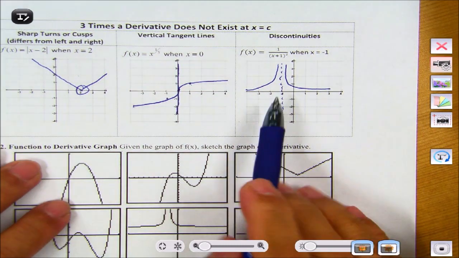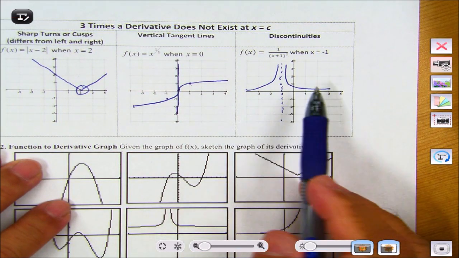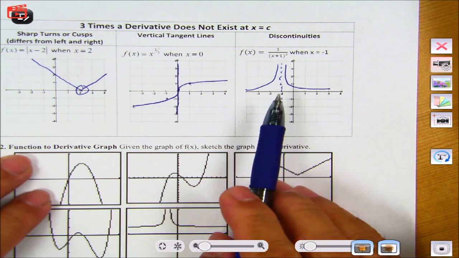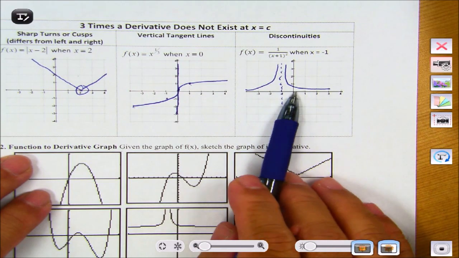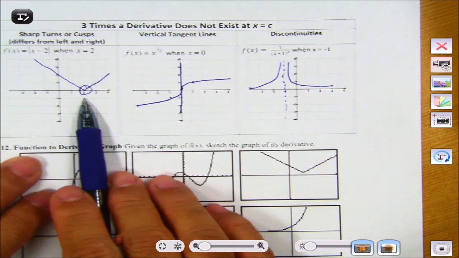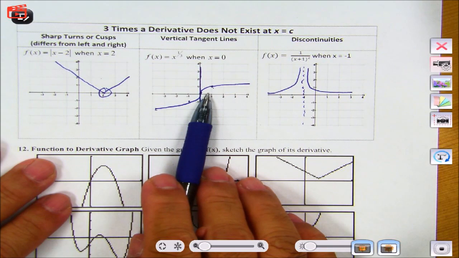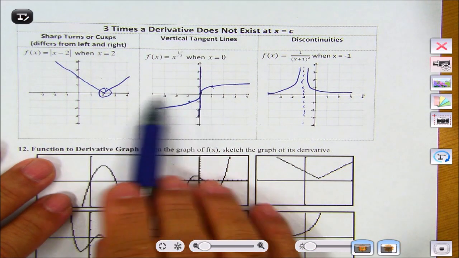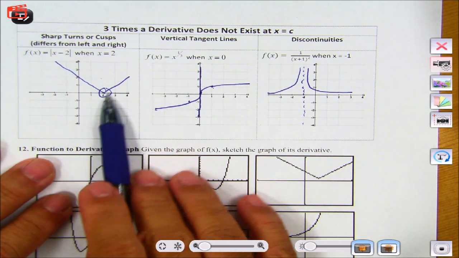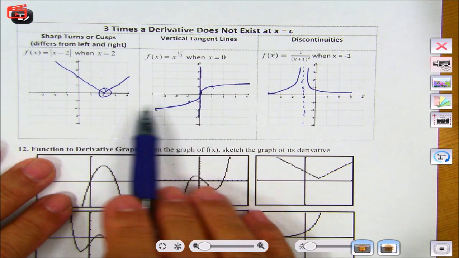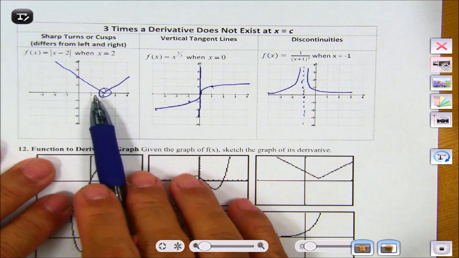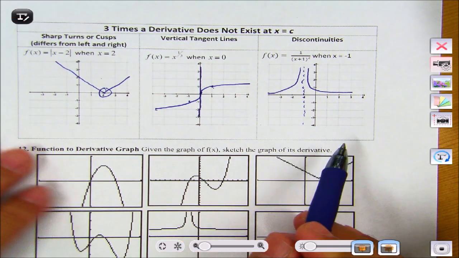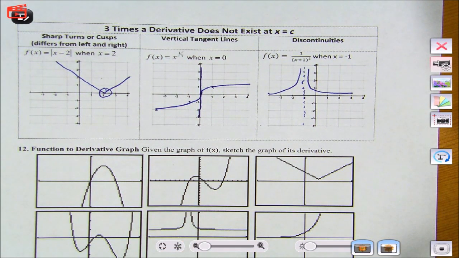If it's differentiable, it's continuous. But there are two ways it can be continuous but not differentiable. These were two examples, the two left ones, where the function is continuous but you still can't find the derivative at those specific values. Is the cube root of something always going to have a vertical tangent?